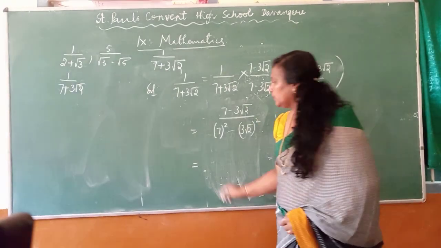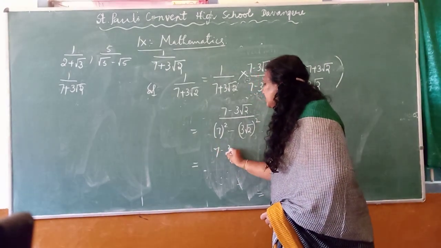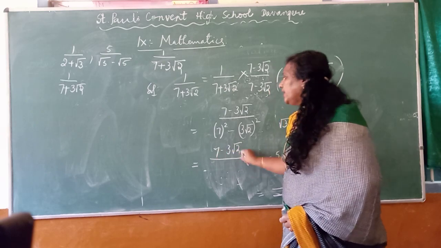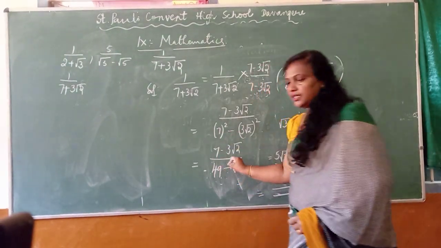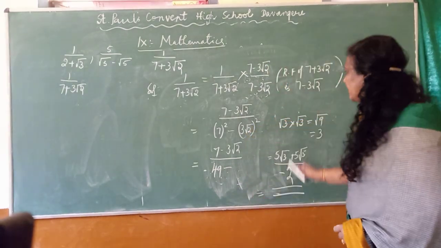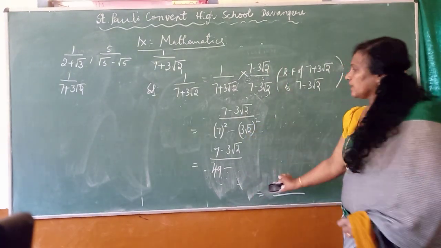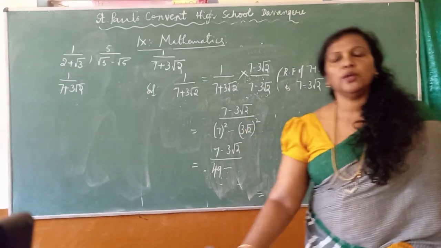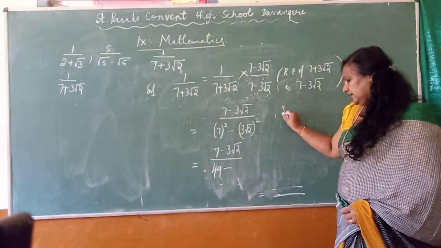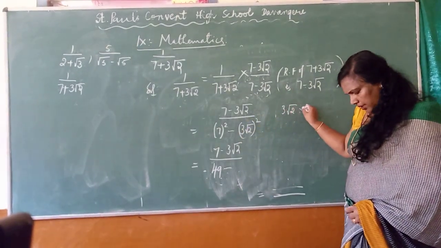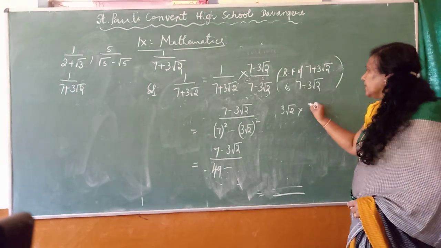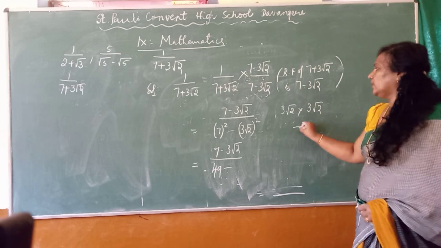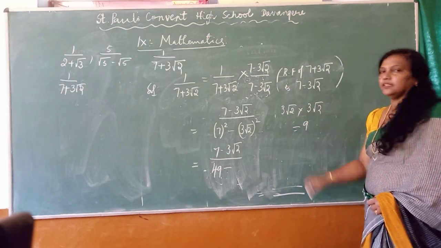This is equal to 7 minus 3 root 2. 7 into 7, how much is it? 49. 3 root 2 whole squared is 3 into 3, which is 9.